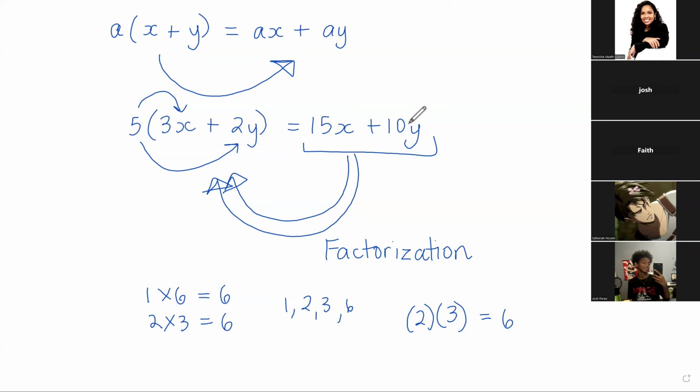Because if we take the same example, 15x plus 10y, we know that 5 times 3x plus 2y is equal to 15x plus 10y, right? So in other words, these are two factors of 15x plus 10y, because 5, when multiplied by 3x plus 2y, will give me 15x plus 10y.